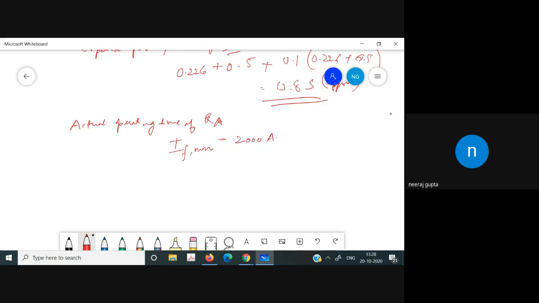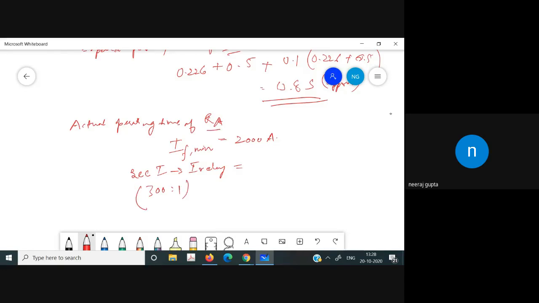Then the secondary current corresponding to this fault current, which is also the relay current, taking into consideration the turns ratio, and in this case the turns ratio is 300:1 in RA.